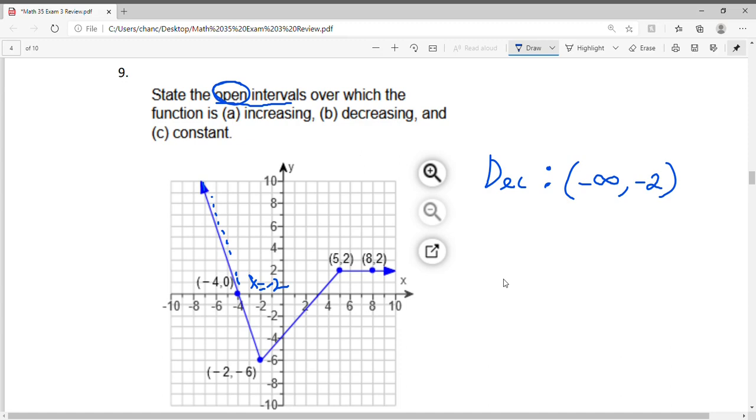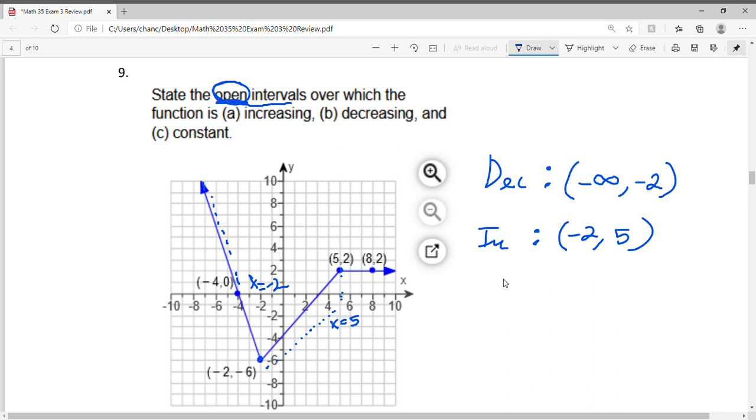Notice now that from x equals negative 2, it starts rising, and it stops here at x equals 5. So it's going to be increasing from negative 2 to 5. Again, notice we're using open intervals because we're talking about open intervals only.